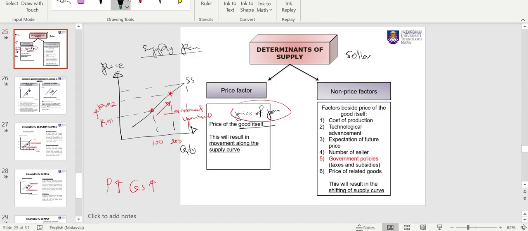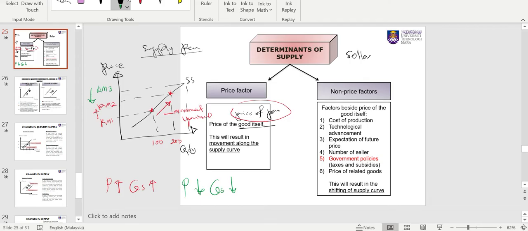While if the opposite occurs, which is when the price decreases from RM3 to RM2, the law of supply says if the price decreases, quantity supplied automatically goes down, because as a seller you won't like to sell a product whose price is cheap, because your profit will decrease.